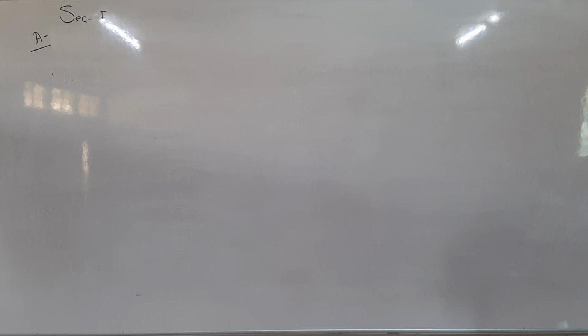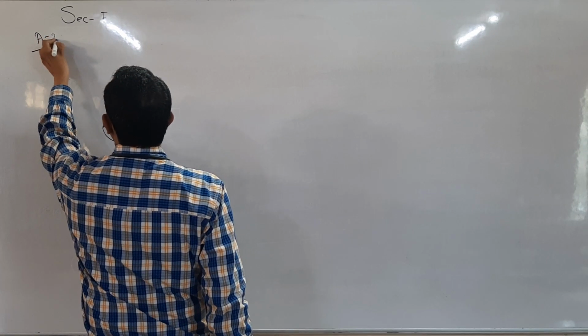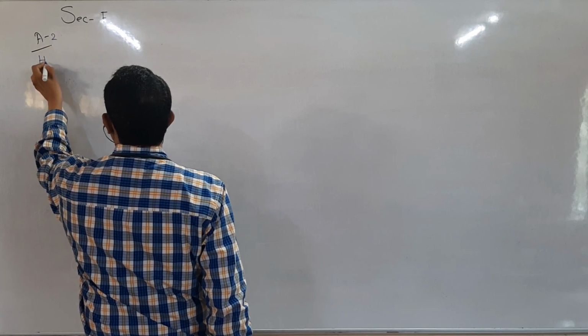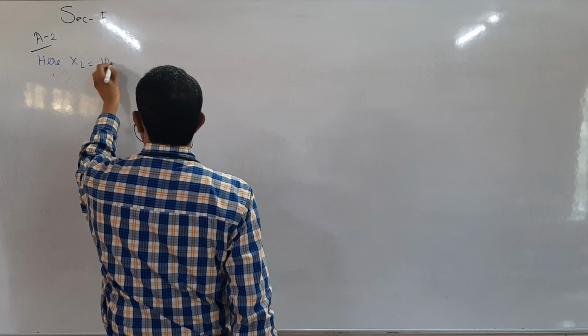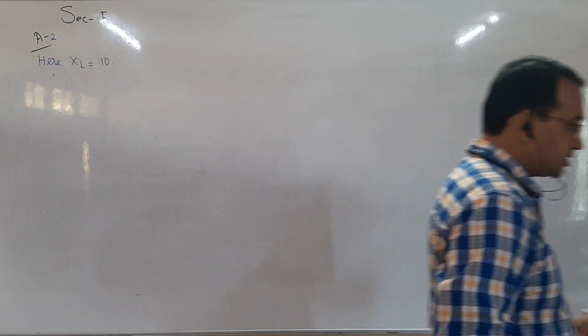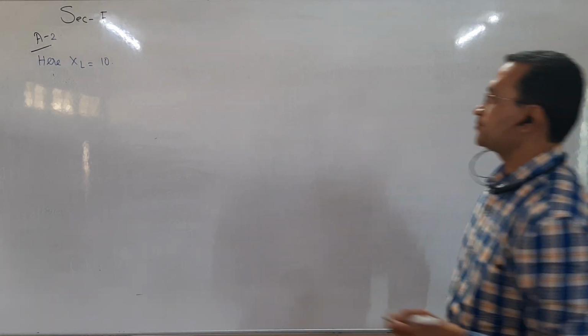Minimum value is 10.5 and the maximum value is 20.8. Okay. Answer 2. Here XL is 10 point, how much exactly, students? It is 10.5 and the maximum is 20.8.